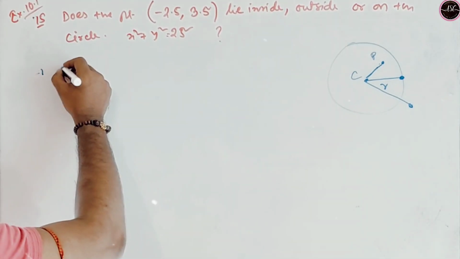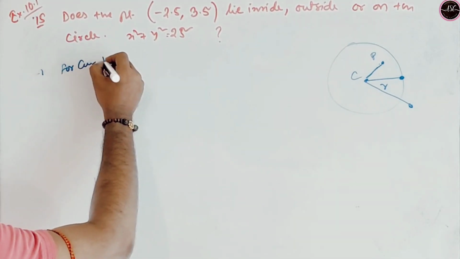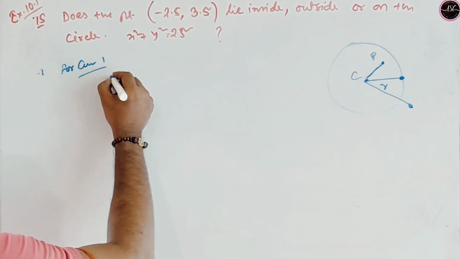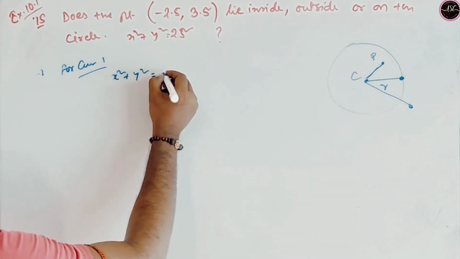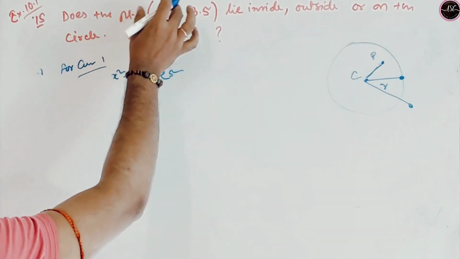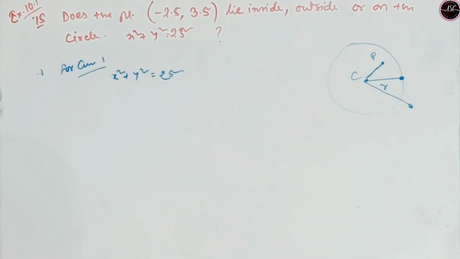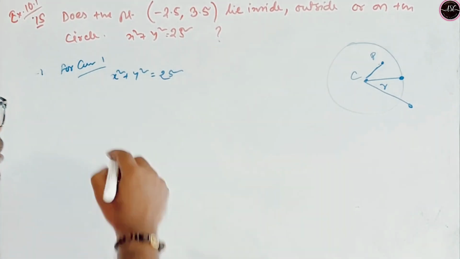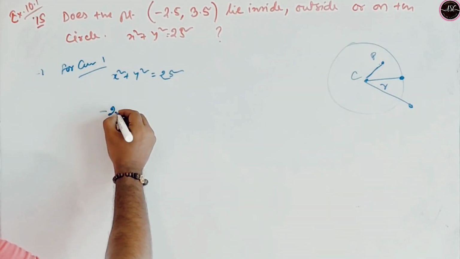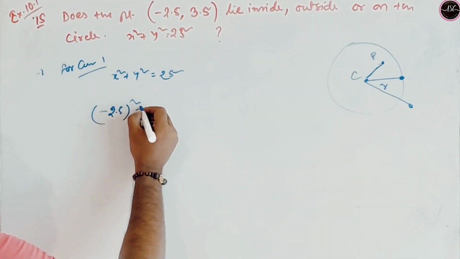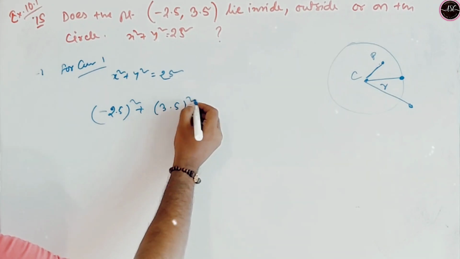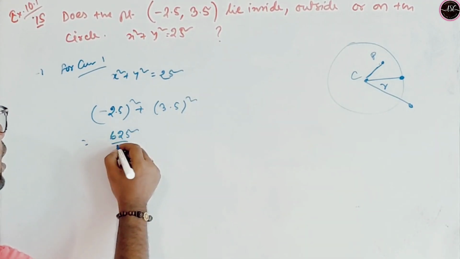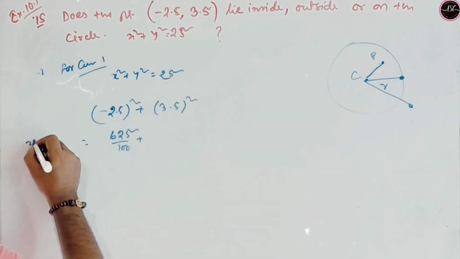For case 1, we put the point on this circle. So we have x² + y² = 25. Just put the values of x and y. If that is 25, then the point is on the circle. So just see, (-2.5)² + (3.5)². What will be the value? That will be 625 divided by 100, and here 35 into 35.